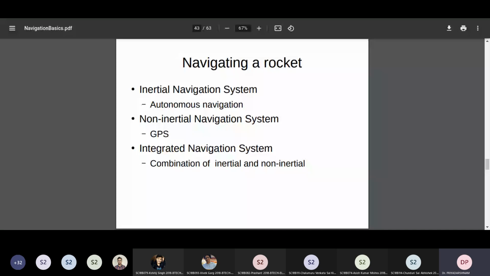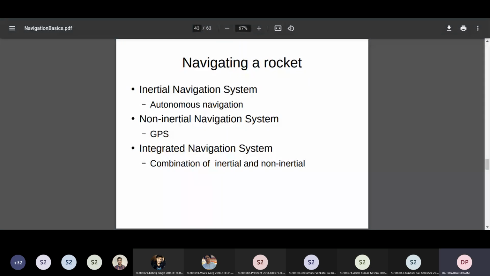When it's not available, by estimating the speed, either through an inertial system or through odometers, you can identify the position. This is what is done in the automobile, and modern launch vehicles also do this. We will be looking at the basics of these things.